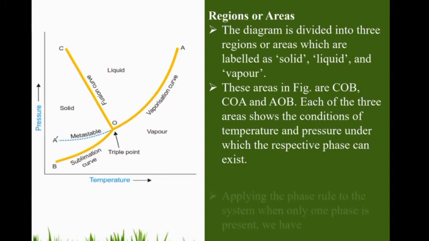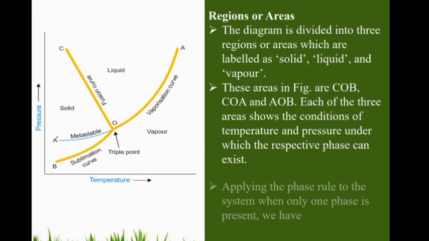Similarly, the regions marked liquid and vapor, or gas, indicate the conditions under which liquid and vapor respectively are stable. The areas in the figure, as I have discussed, are COB, COA and AOB. Each of these three areas shows the conditions of temperature and pressure under which the respective phase can exist.